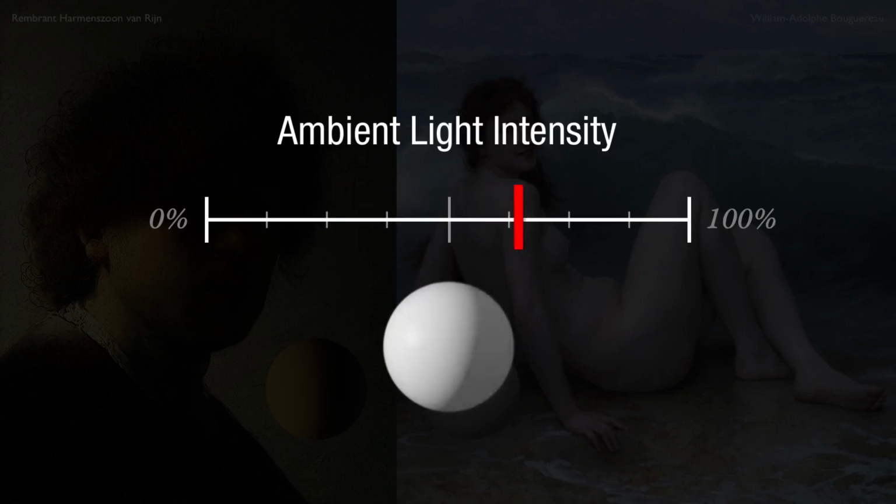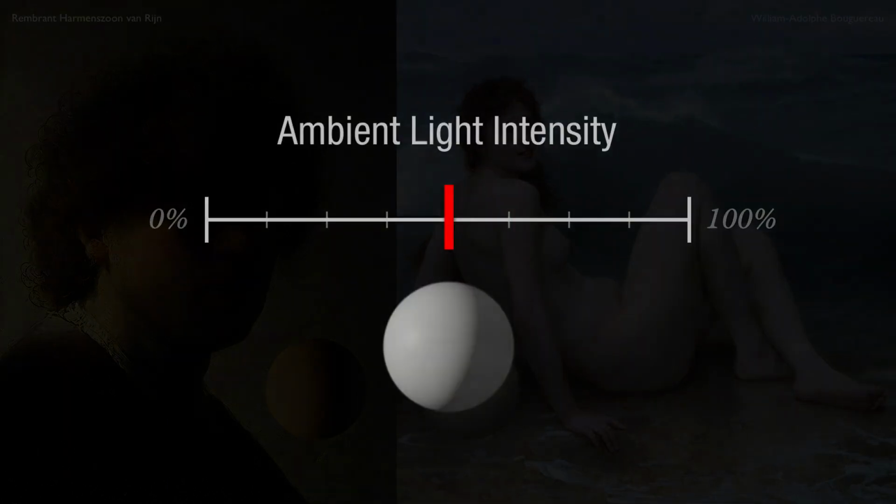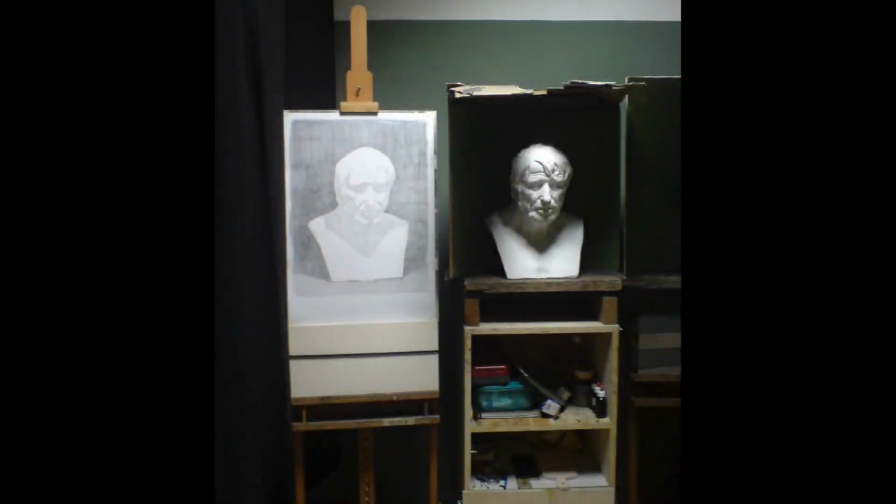Again, there's a direct correlation between the intensity of ambient light and the value and sharpness of the shadows. A common way to control ambient light is to build a shadow box. It prevents ambient light and other light sources from reaching the subject.